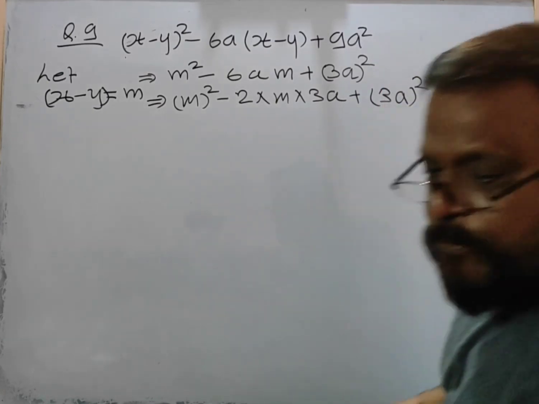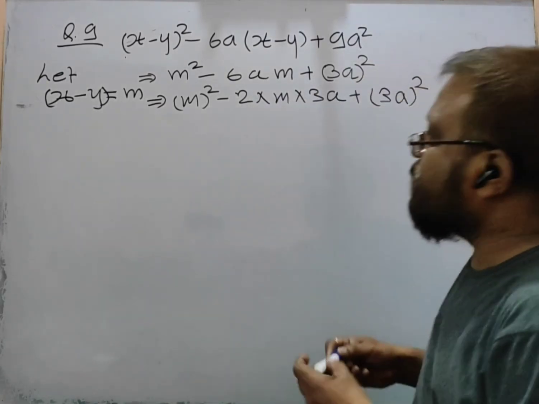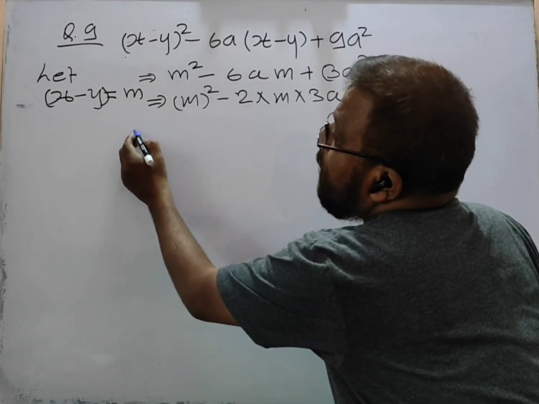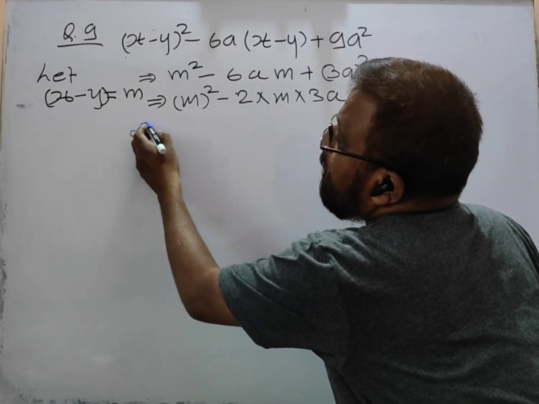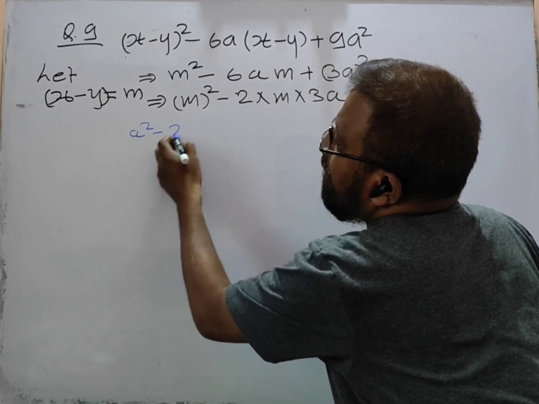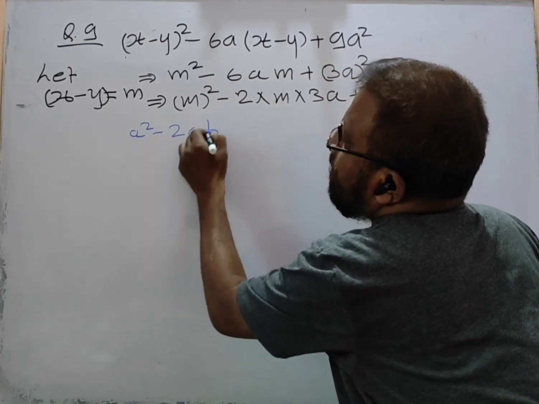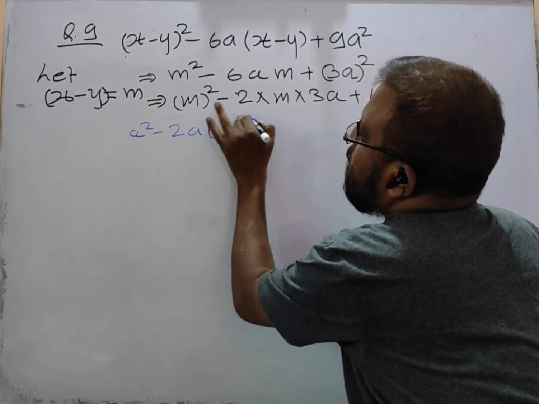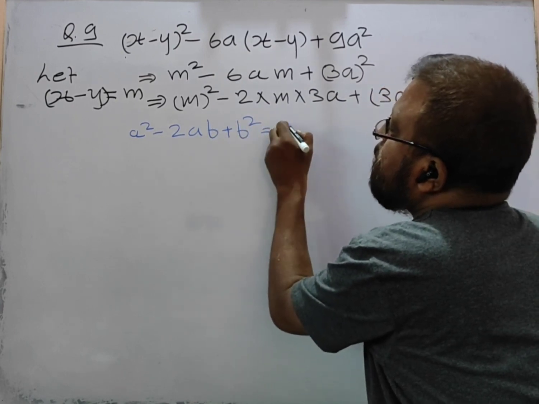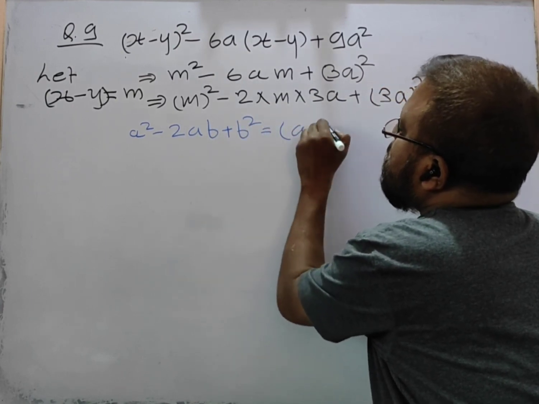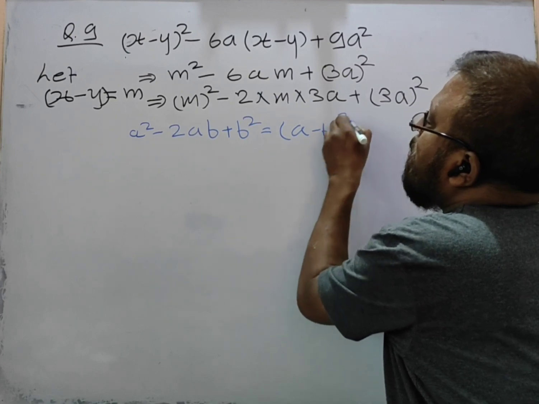So again I use the identity a square minus 2ab plus b square is equal to (a minus b) whole square, right?